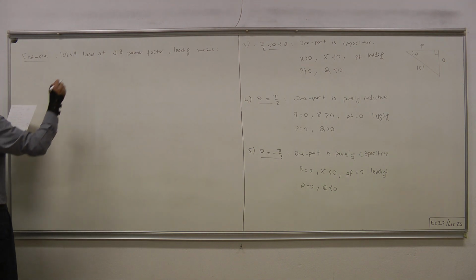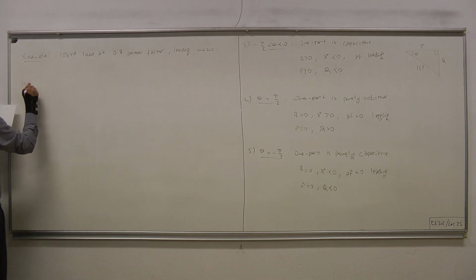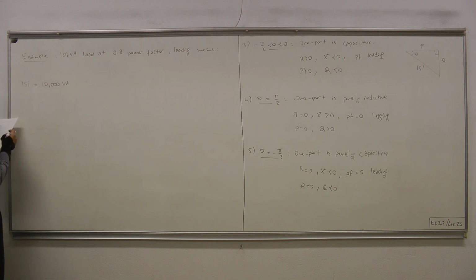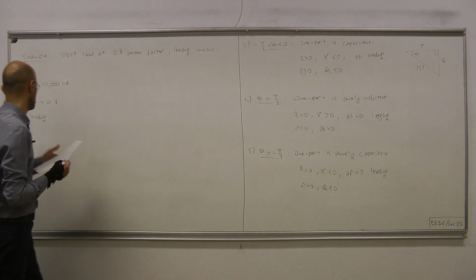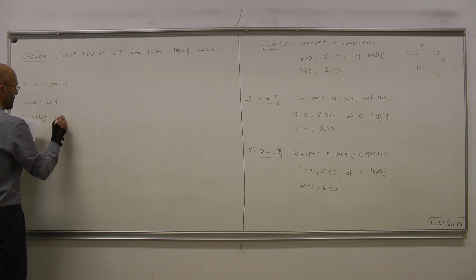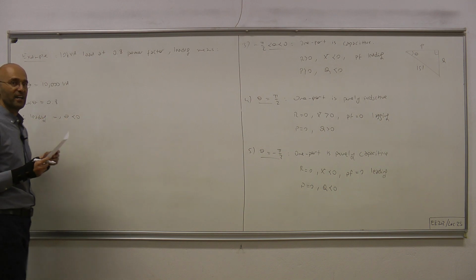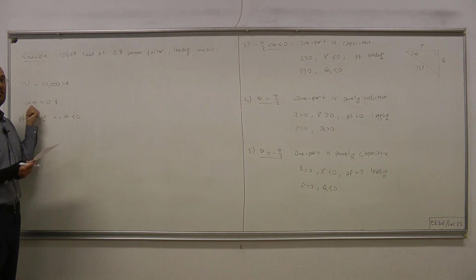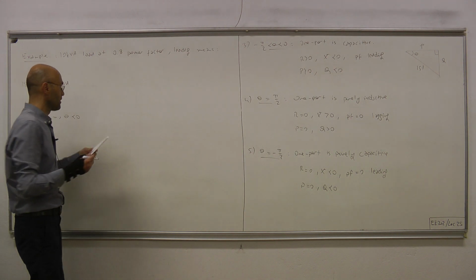So the apparent power equals 10,000 and cosine theta equals 0.8, and PF is leading. The power factor is leading, so that means theta is negative, which will produce a negative sine theta.